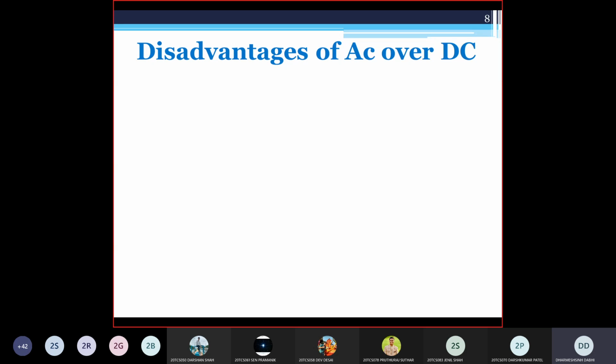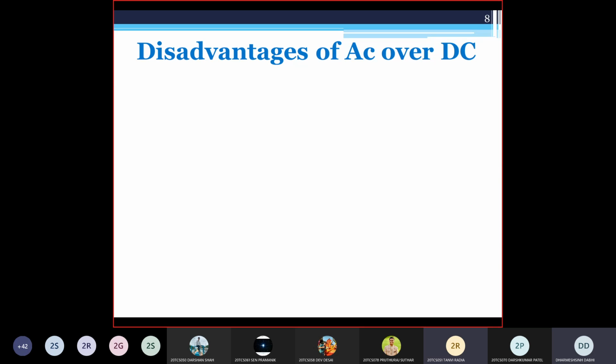So peak value of AC is high. It may be dangerous to work with AC. That may be a disadvantage. Yes. Okay. Because I0 equals root 2 IRMS. But if the same magnitude of DC is available, then what?